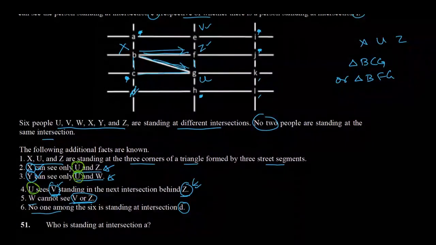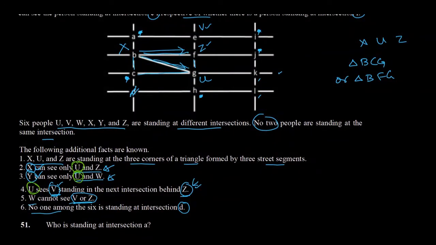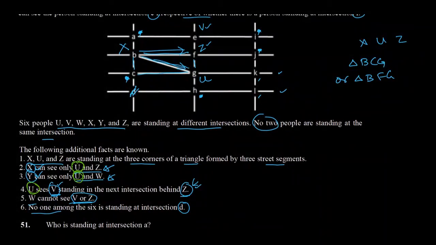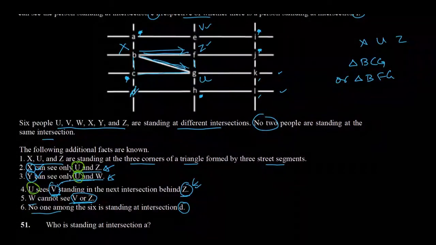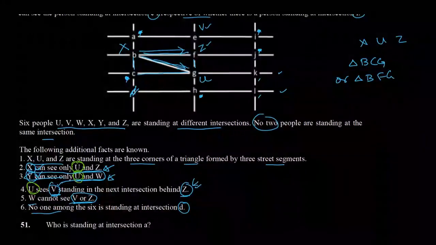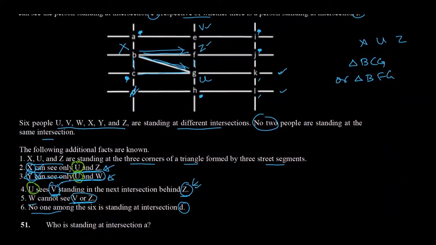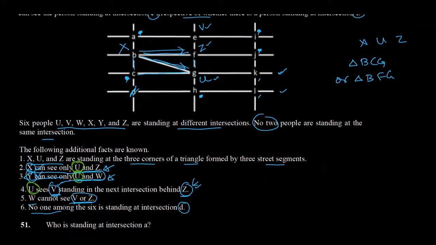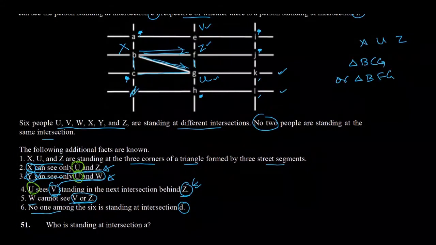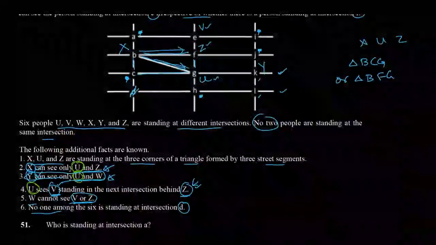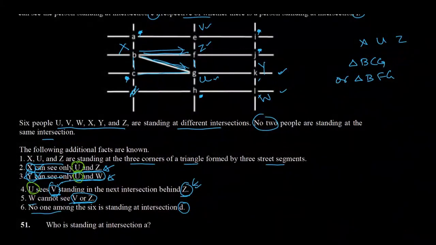So the only two places for W are K and L. Now we are told that Y can see only U and W. So someone who's standing at K will be able to see U as well. So Y has to stand in K and W has to stand in L.